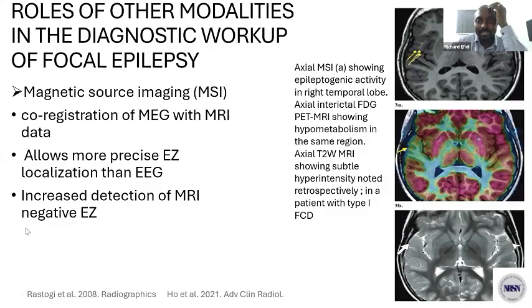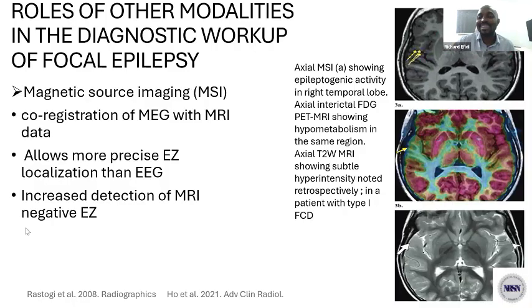So here we also talked about magnetic source imaging, which I highlighted earlier. Magnetic source imaging involves the co-registration of MEG, magnetoencephalogram, with MRI. Magnetoencephalogram is like EEG, but in this case we are using the magnetic field.